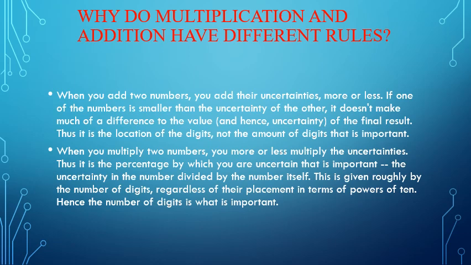Hence, the number of digits is what is important. So when we're multiplying and dividing, we simply want to look at how many significant digits each number multiplied or divided has. Whereas when we're adding and subtracting, we just want to see which one is our least accurate measurement, which one limits that degree of certainty that we have.